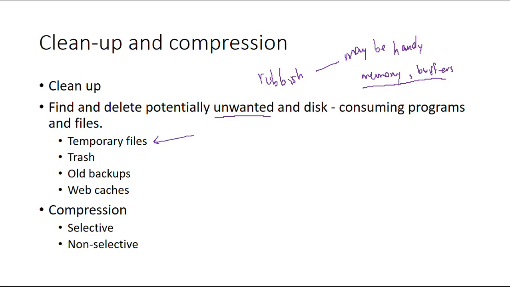So trash, I know you have eliminated a lot of stuff, and at some point you don't need that anymore, so you keep it all. So whenever you make a backup, say you have a backup that you did on September the 1st, okay? And you backed up everything.